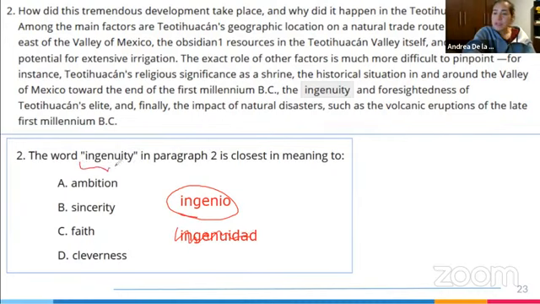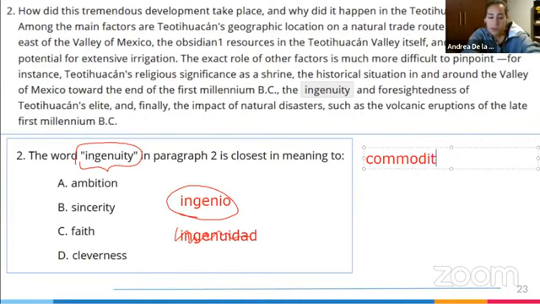And what do you guys think? I think, to be honest, that this is almost like a trap. It feels like a trap. It's like the word commodity, right? Que vimos el otro día, commodity, that it looks a lot like comodidad, but it's not. So these feel like traps, but you cannot fall into them, right?